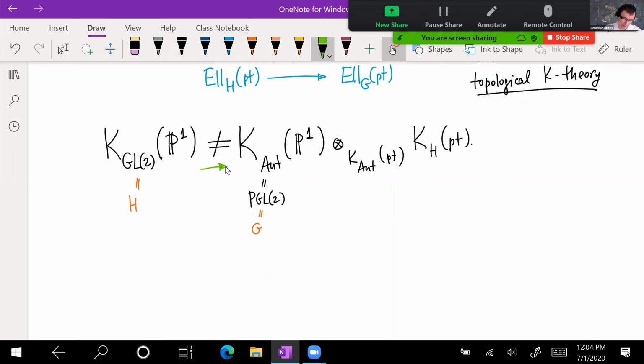If I have a G bundle, I can make an H bundle out of it. So here's the map this way, and this is not surjective. It's really embarrassing. The class which is not in the image of this map is just the O of one.